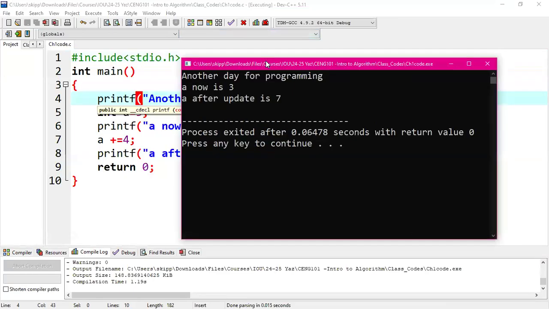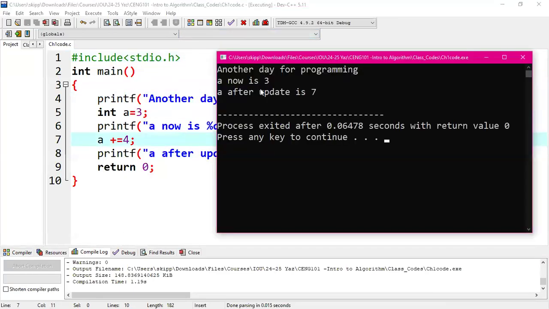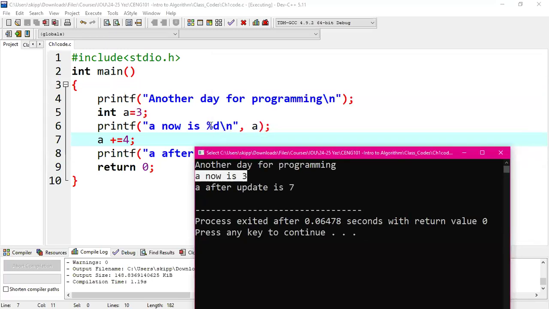So just observe what we explained. We explained that a is now 3. This is what we assigned into a. We assign 3 and then we print it as an integer. We say, okay, A now is %d. It takes the value here, puts it in the placeholder, and so it displays 3. Next, we do a plus equal 4.